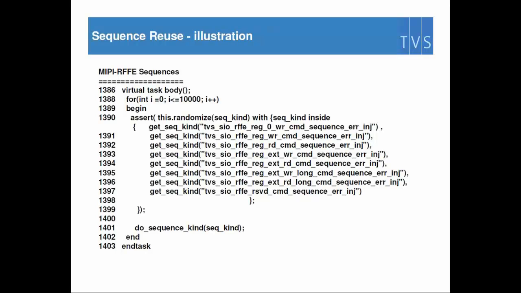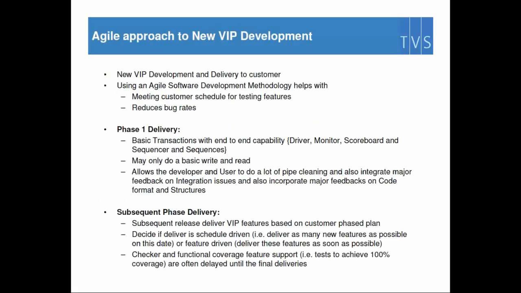Once we define all these commands at a top level, we can say that I want to randomly select any of these commands, randomly, for n number of times, and then we can just run that sequence. It's very comfortable to test different scenarios in different sequences in a totally randomized fashion.